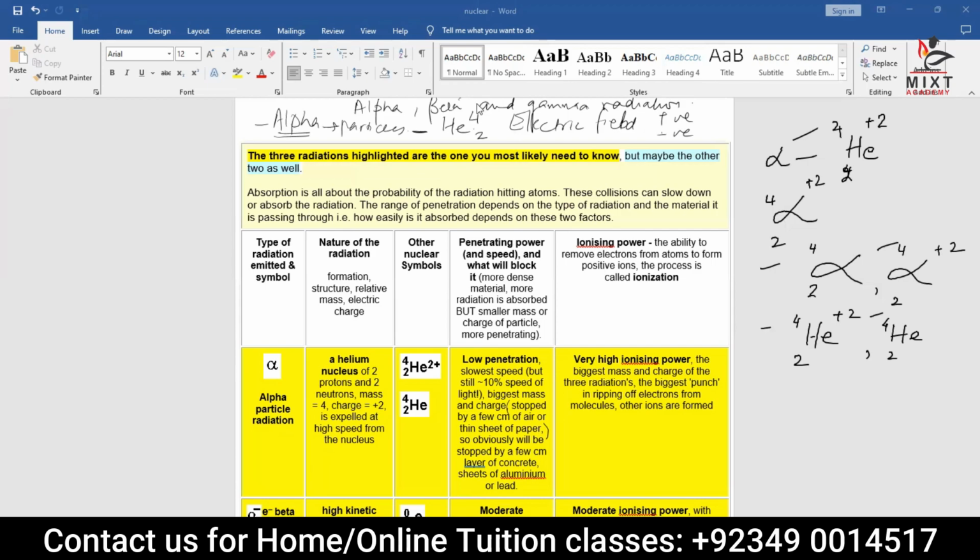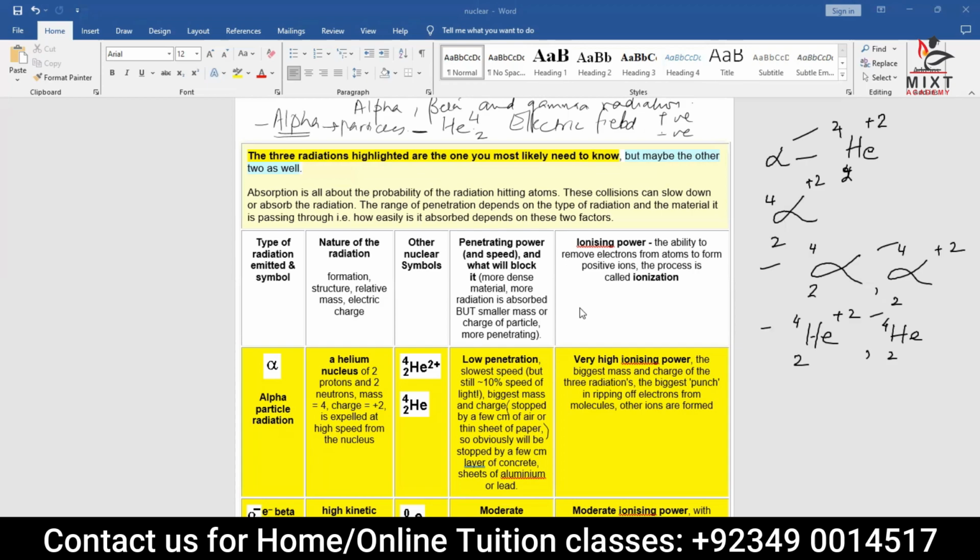Okay. Now the next is called ionizing power. What do you think the ionizing power will be? Ionizing power means the ability to knock off the electrons from some element so that it becomes ions, because that's how ions actually form.